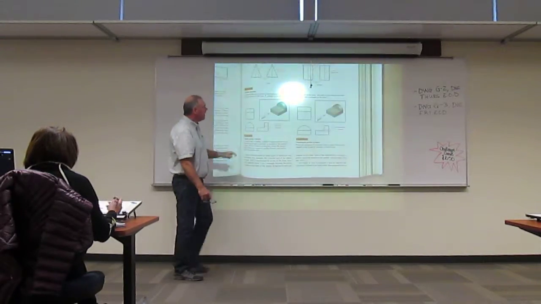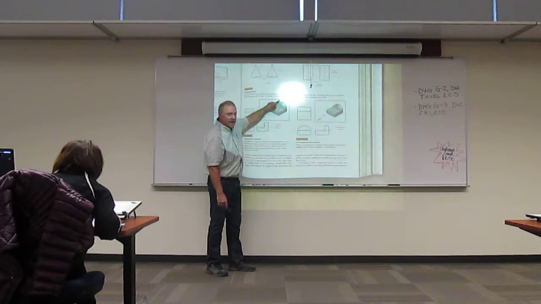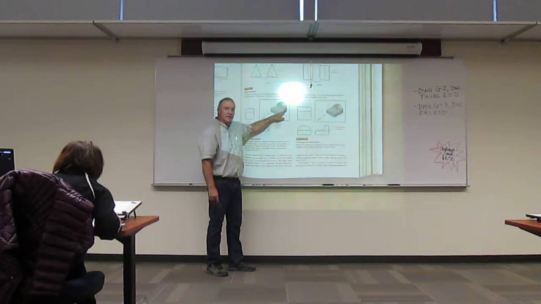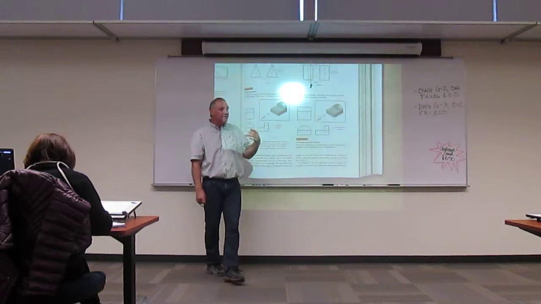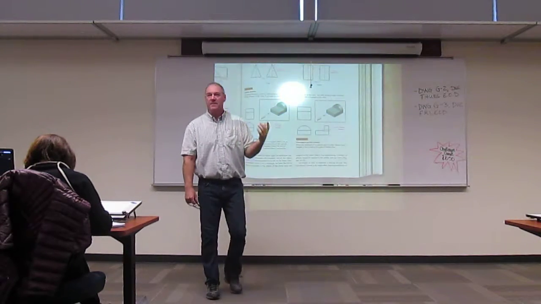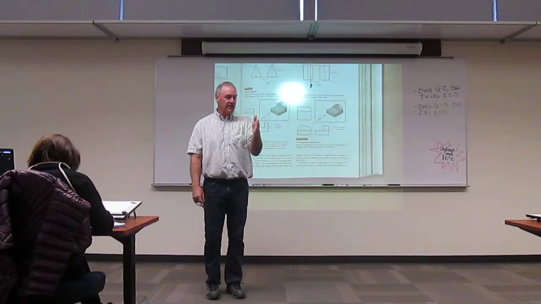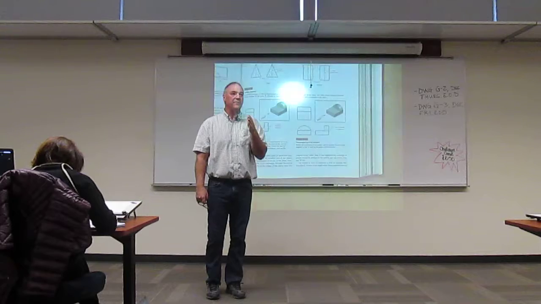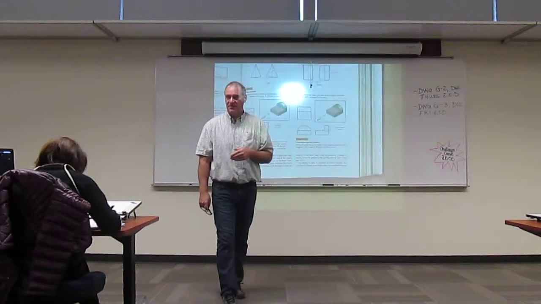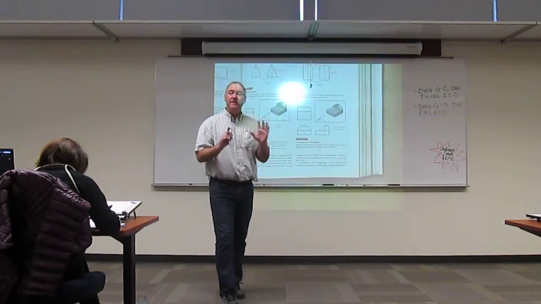Now, the second thing is what happens when we come in with circles that are tangent to linear features. We have a convention, remember, a break from a standard, that allows us to draw these and give that description. So we're going to help our readers out here. If I have a cylinder that comes in tangent to a linear feature, in essence there is a plane change. We're going from a curved plane to a linear plane. But if it comes in tangent, we do not project that plane change. So we leave that line out.